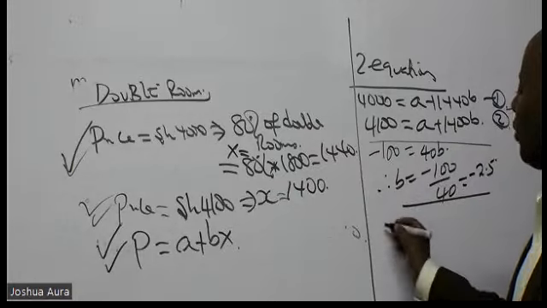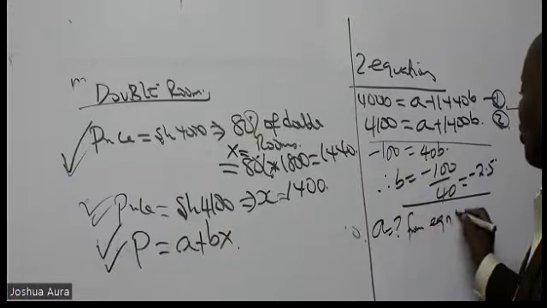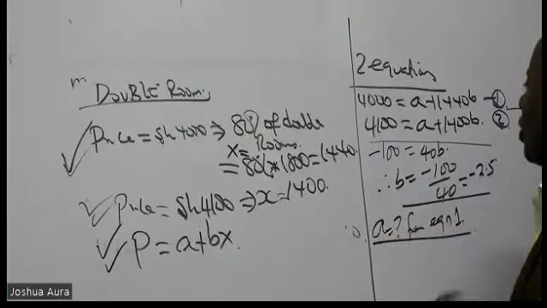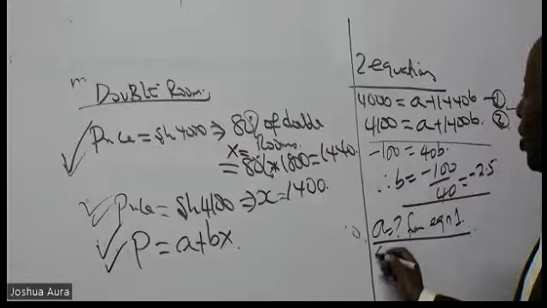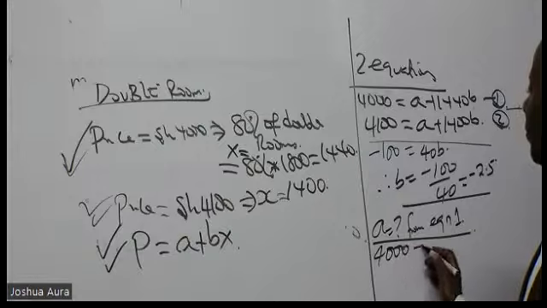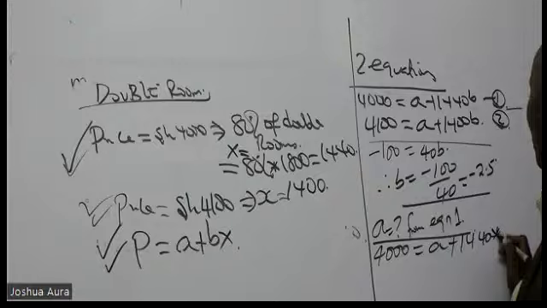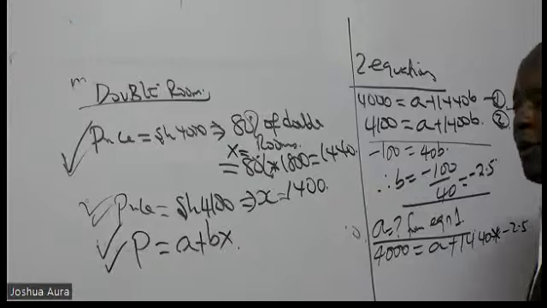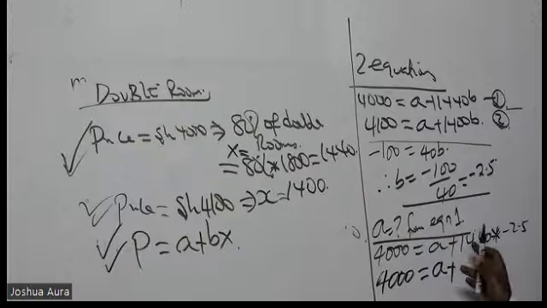So then what is the value of A from equation 1? From equation 1, we have 4,000 equals A plus 1,440B, and B is minus 2.5, remember. So then we have 4,000 equals A plus, what is this times this?